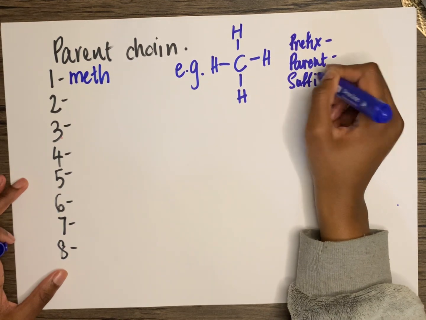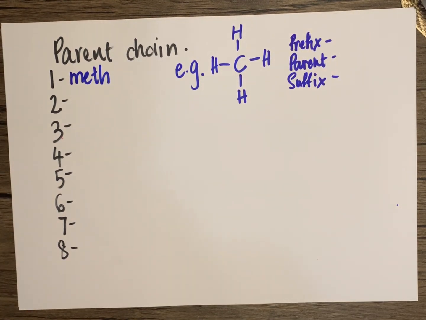Remember the suffixes that I showed you. It was ane for alkanes, ene for alkenes, and ine for alkynes, right? So now when I'm naming, I put together the name of the parent chain or the longest chain plus the name that describes the kind of functional group I have in that molecule, right?